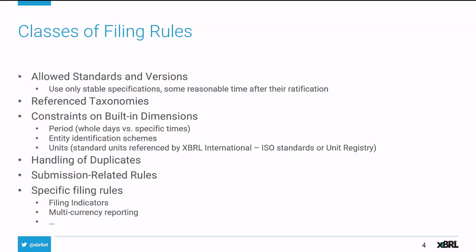For example, when you have a breakdown only for some information and you use implicit filtering in the XBRL formula, you may end up with some issues if you don't have this filing indicator.